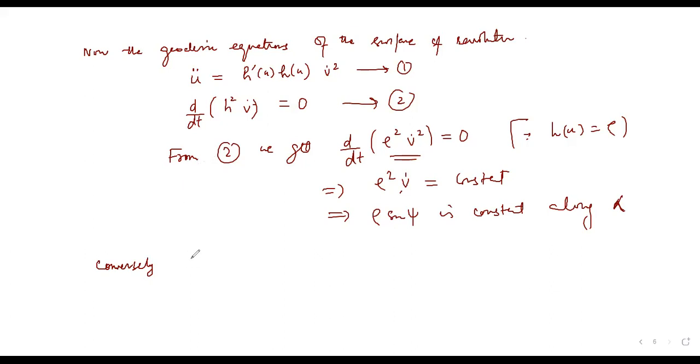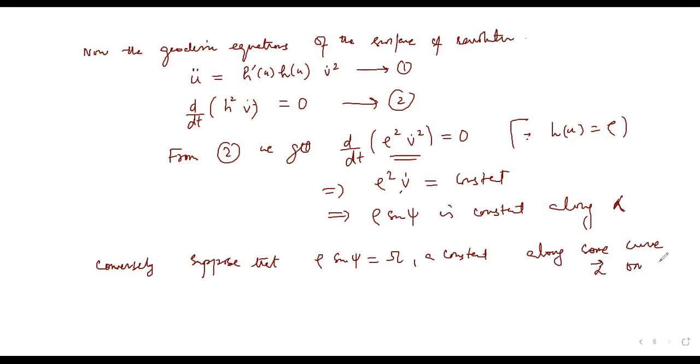Okay. Now conversely, suppose that rho sin psi is equal to omega, a constant, along some curve alpha on S. Now we will show that then it must be a geodesic and it would satisfy both these equations 1 and 2.